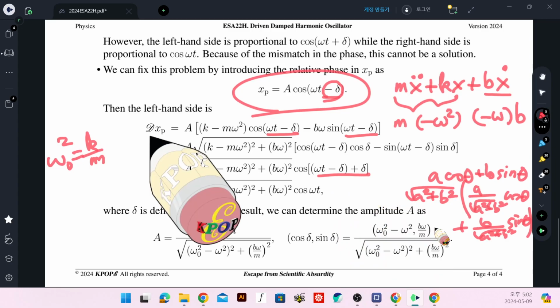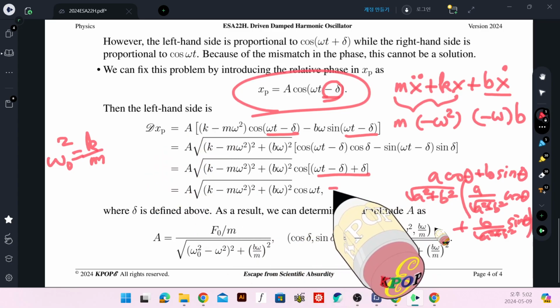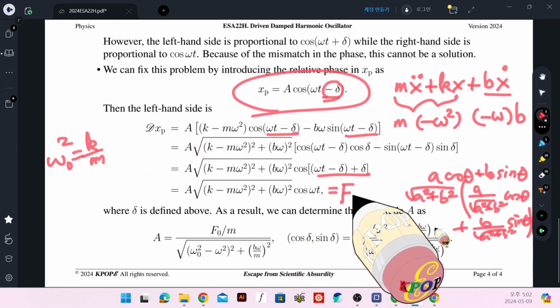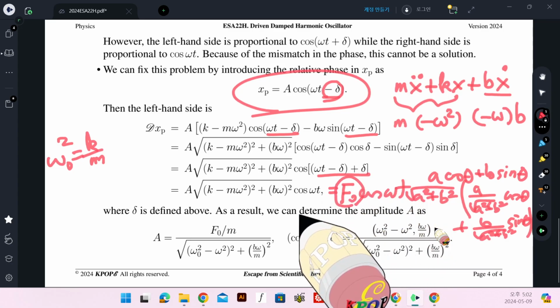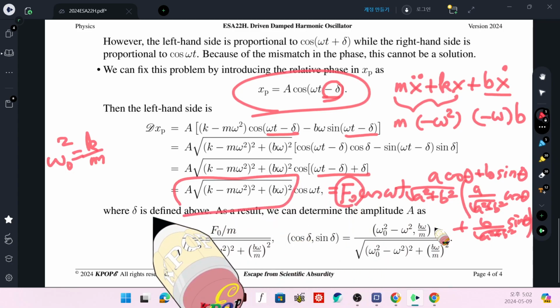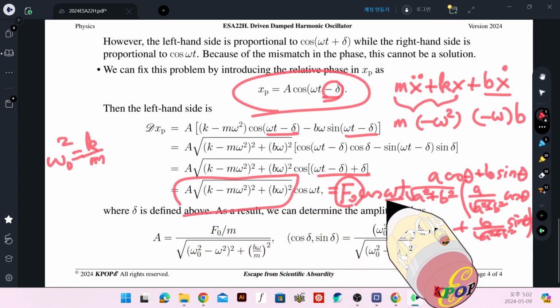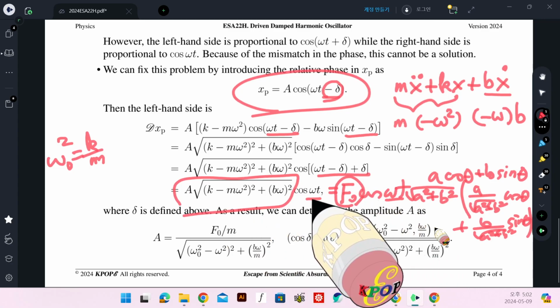Therefore, this particular solution gives the same as the right-hand side, F0 cosine omega t, as long as the amplitude is matched. Phase dependence matches and amplitude matches.